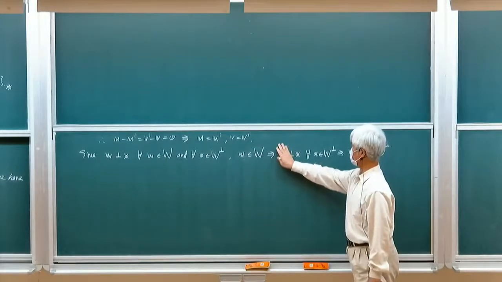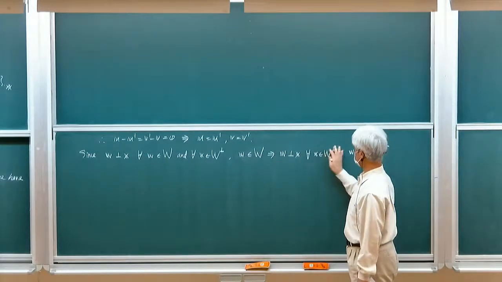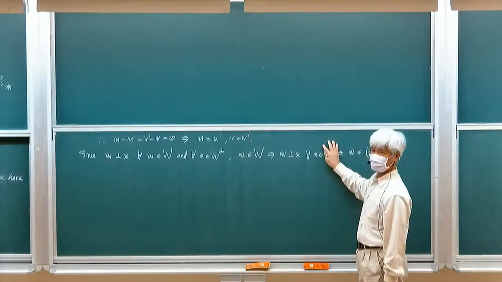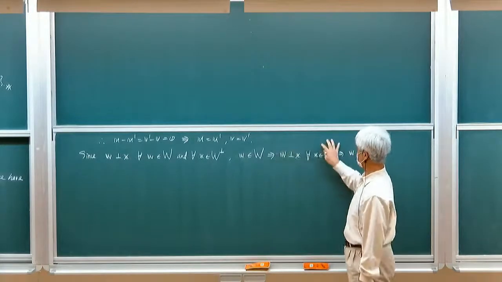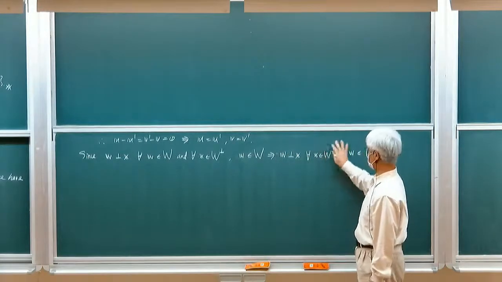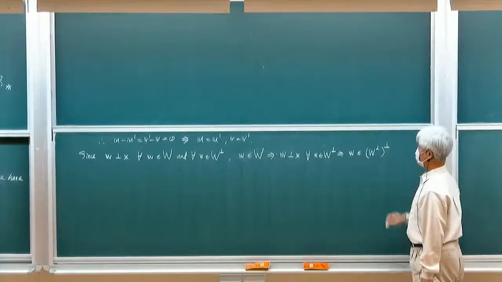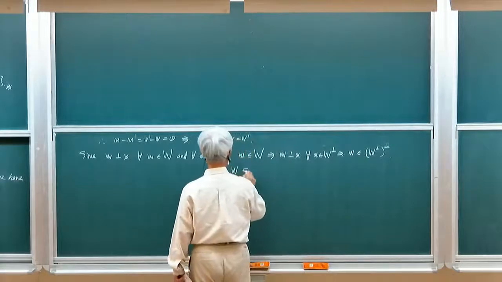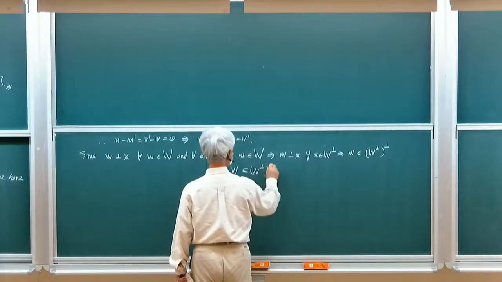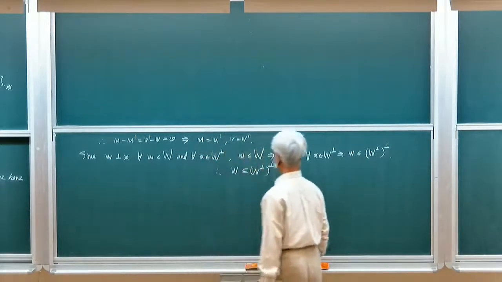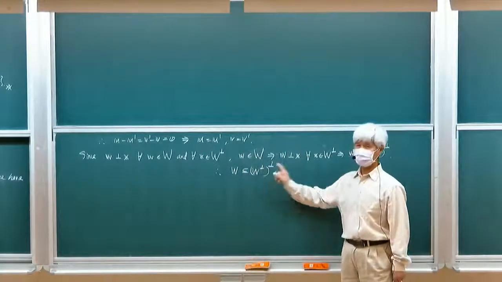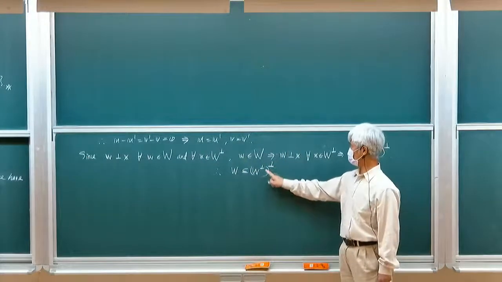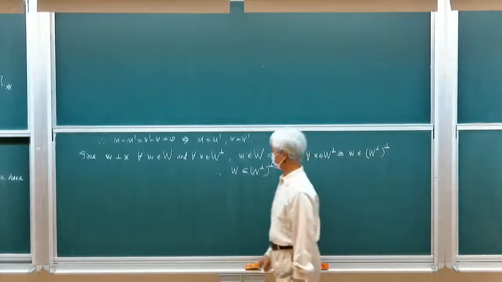This vector is orthogonal to every vector in this subspace, so this vector is in the orthogonal complement of this subspace. So we have the inclusion: W is a subset of W perp perp.